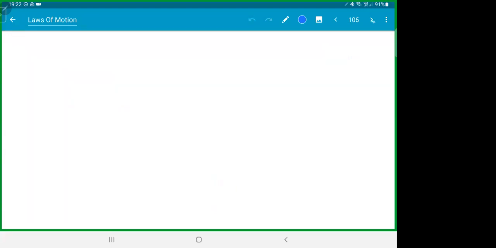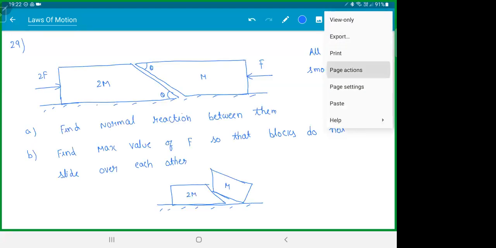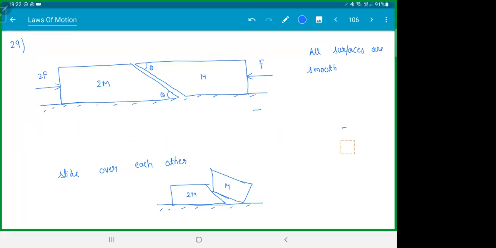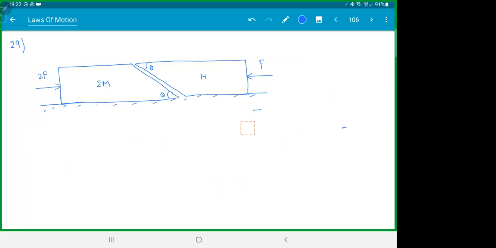I will take the whole thing as one system. Let acceleration be a. So I get 2F minus F is equal to 3ma. So acceleration is equal to F by 3m. Choose any one block.